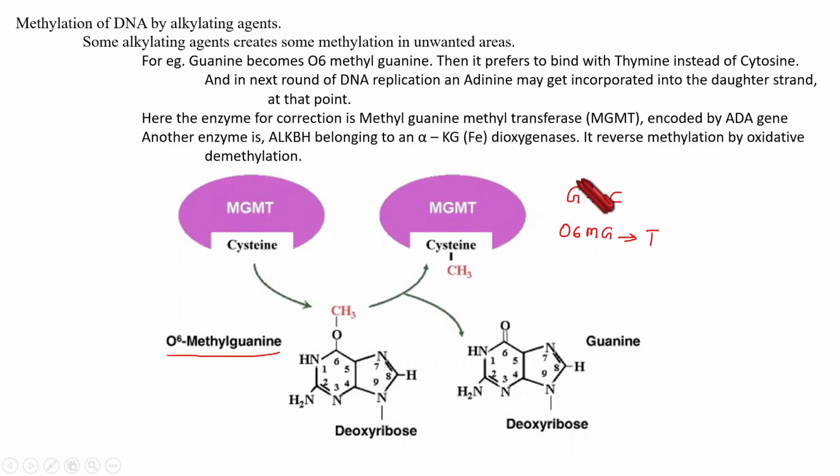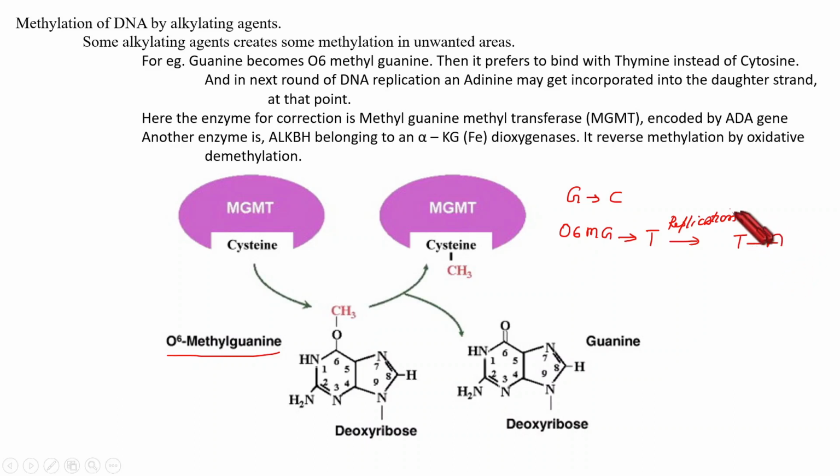So normally guanine needs to pair with cytosine, but as it got modified because of the addition of one methyl group at the oxygen at the sixth position, it prefers thymine to form a base pair. So, in the second round of DNA replication, if it happens, then against that thymine, adenine will get incorporated.